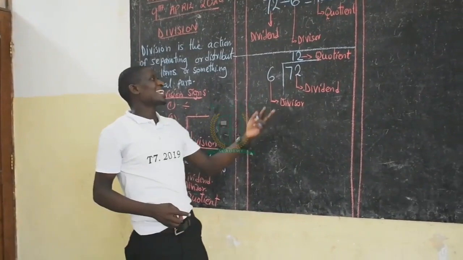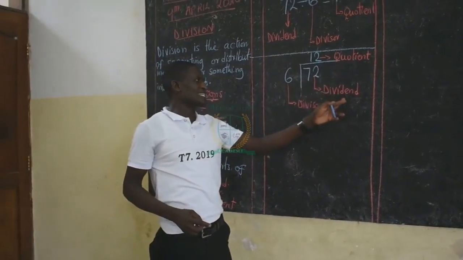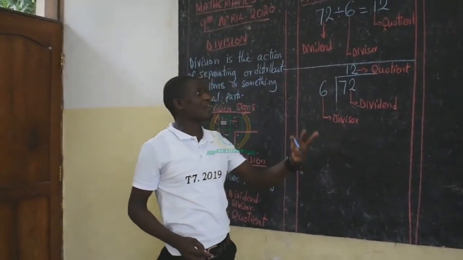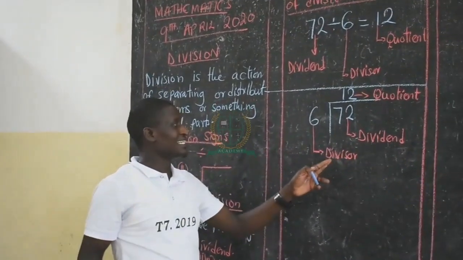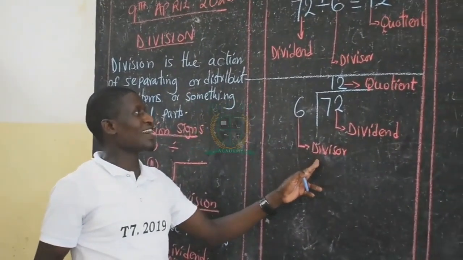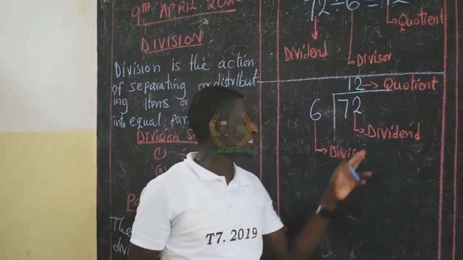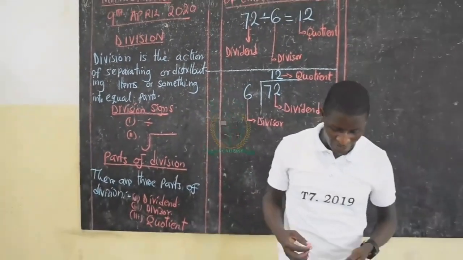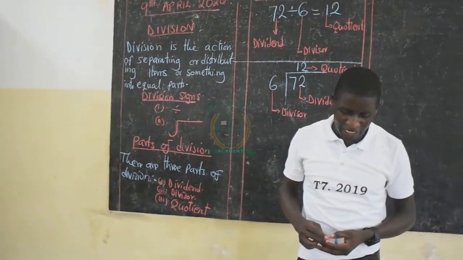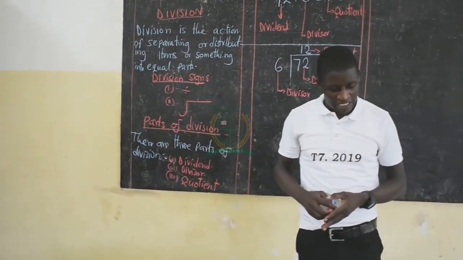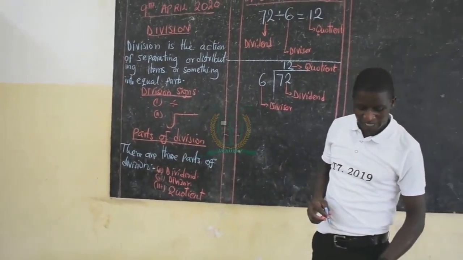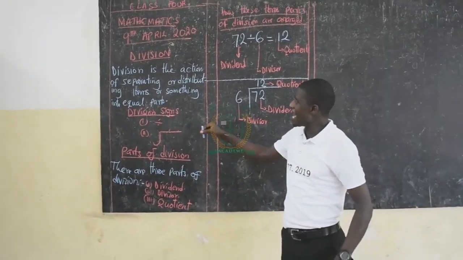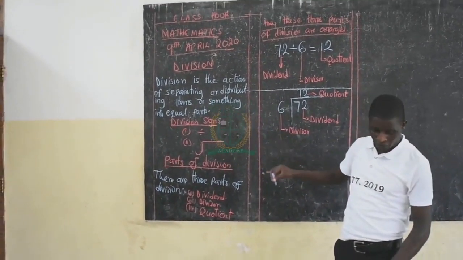Now, we want to see the quotient, dividend, and divisor. Which one is big? We find that the dividend is bigger than the divisor, and at the same time bigger than the quotient. But the quotient and divisor, one can be big and the other small. They vary. But always the dividend is bigger than the divisor and bigger than the quotient in our step in primary 4.